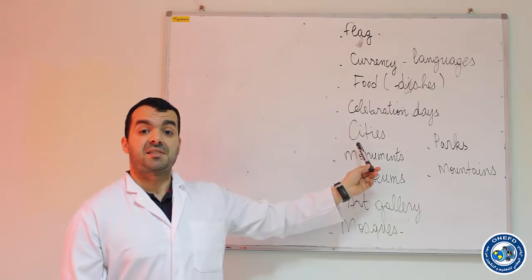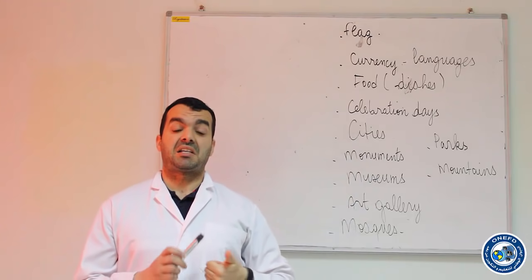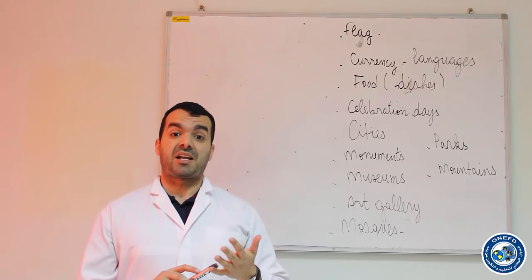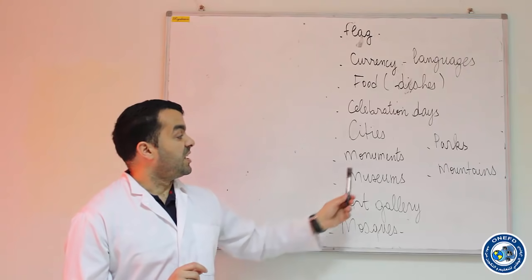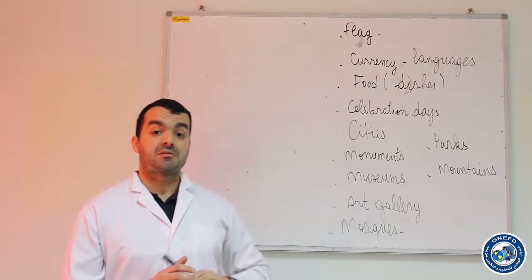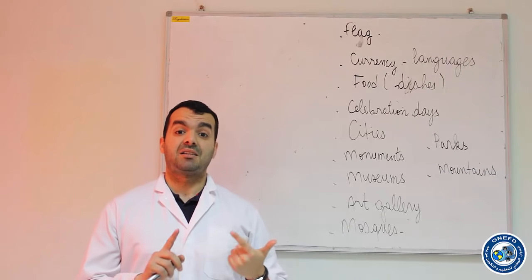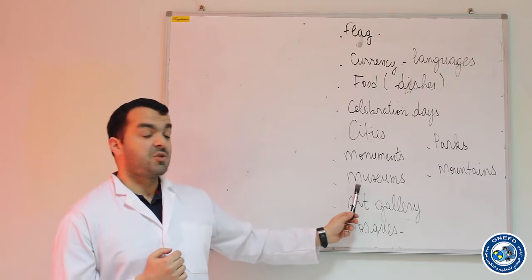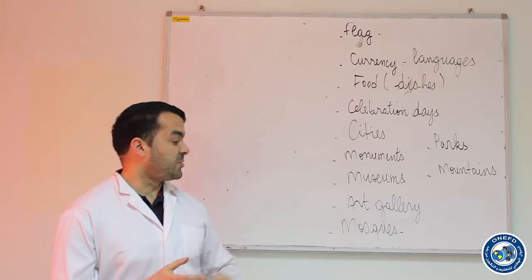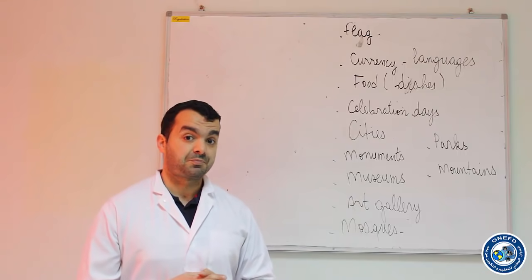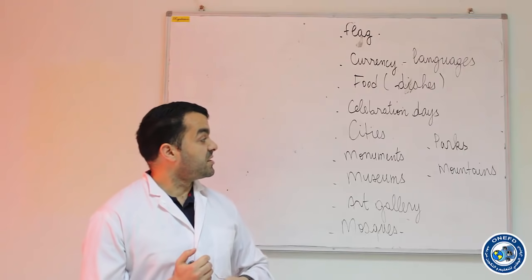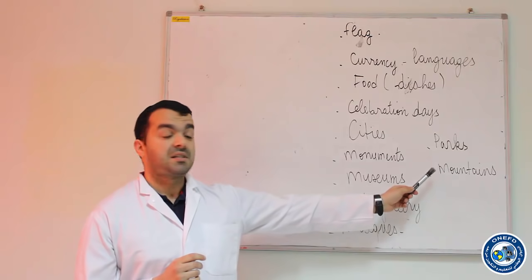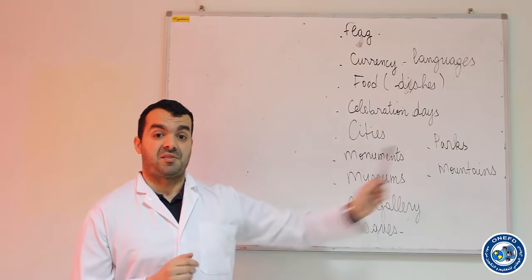We have seen some famous cities like Algiers, Oran, Sétif, Constantine, Tamanrasset, etc. Many monuments like Roman ruins in Timgad, Tipaza, and Djemila. Also some museums, art galleries, mosques, national parks, and famous mountains.